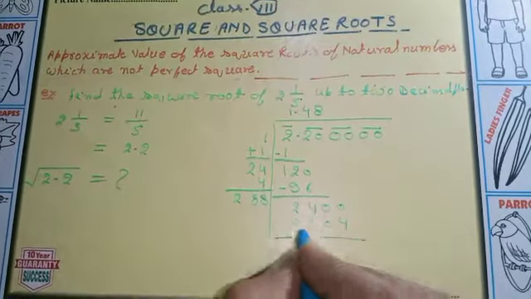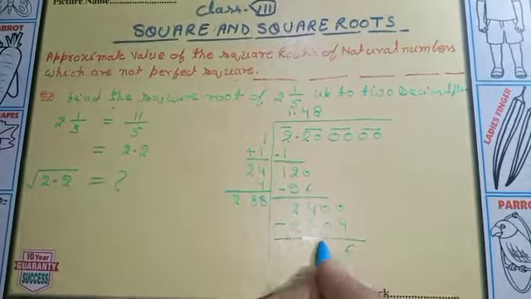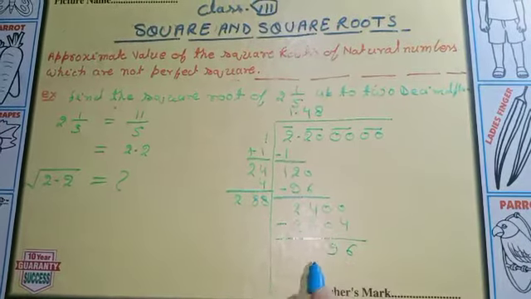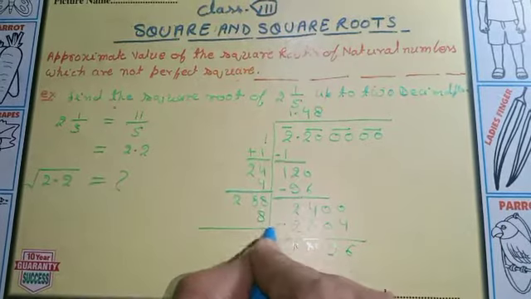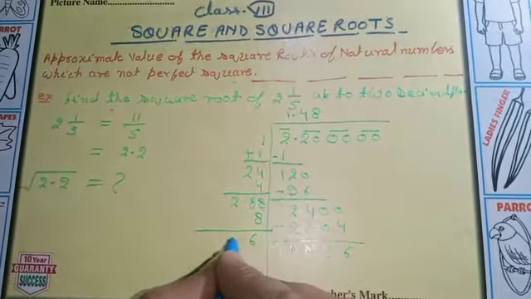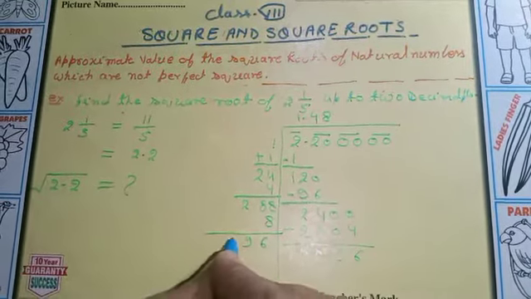Make subtraction: 96. Now 8 plus 8 is 16.